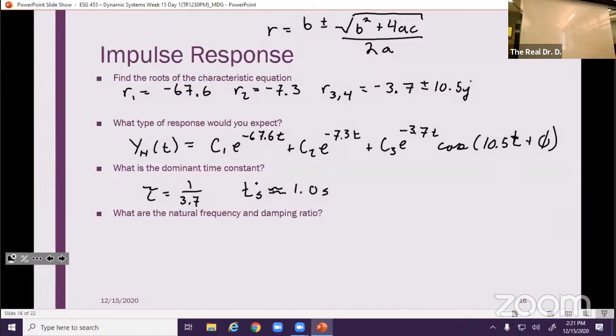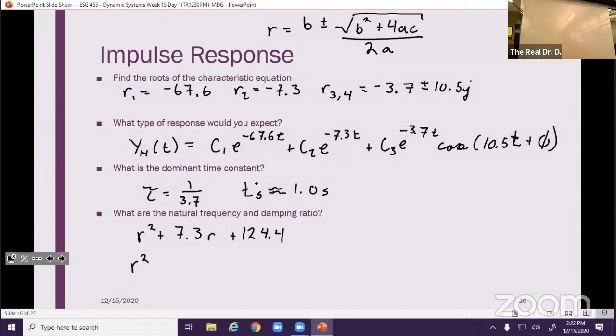It turns out that you would get r squared plus 7.3r plus 124.4 as the equation.